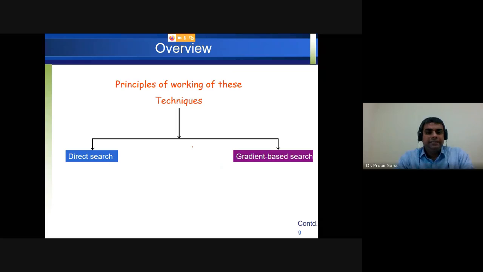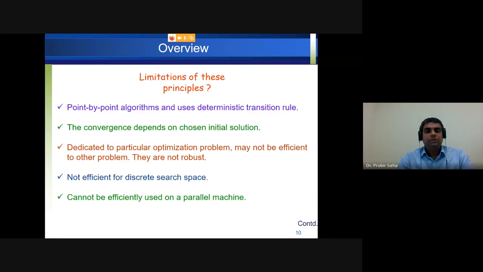Now, I can generalize that all these techniques either work on direct search or on gradient based search. There are limitations of these techniques, and indeed they truly possess some limitations. The first one is about the classical algorithm.